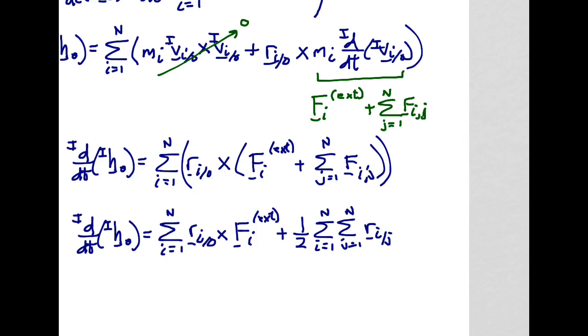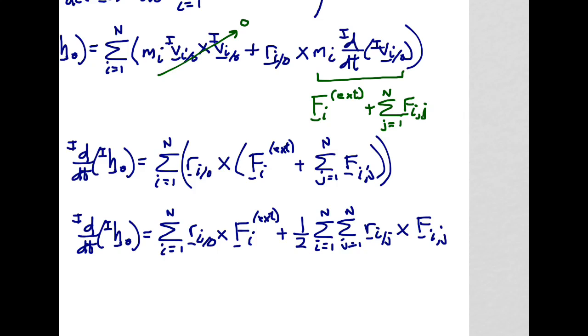So now this is the position vector between the particles crossed with the force between those particles, i comma j. Now we're not going to spend time deriving how this came about, but if you follow along in the book you can see how they split these up.